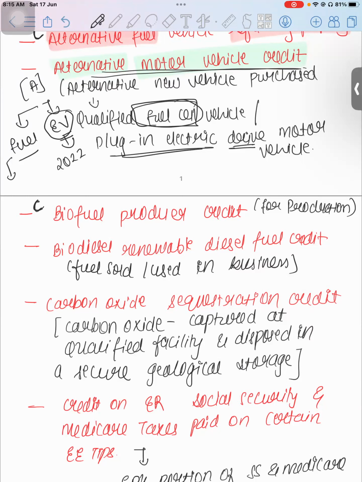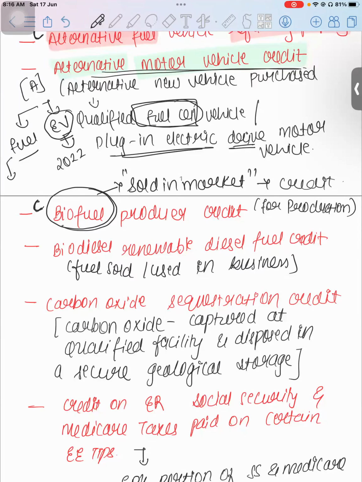And see, whatever biofuel they are producing, that can be sold in the market, and only then can they get the credit for this biofuel producer credit. Okay, so whoever is producing the biofuel using biomass can take the credit.